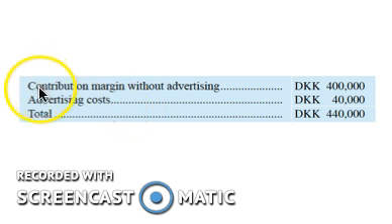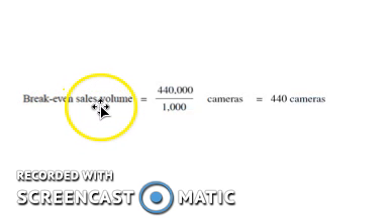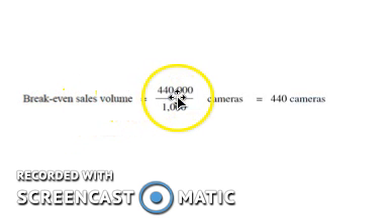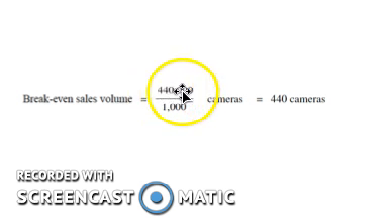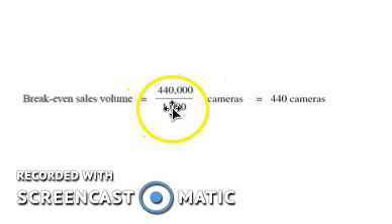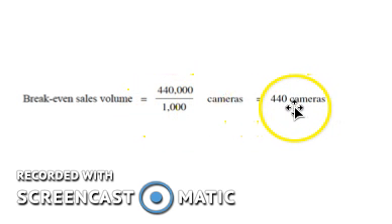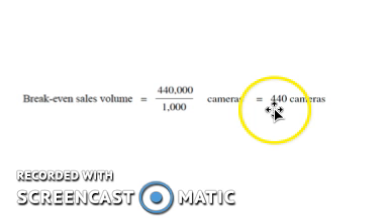So we take the contribution margin demand without advertisement and add the advertisement cost of 40,000. Then we calculate the break-even sales volume where, instead of 400,000 divided by 800, we now have 440,000 divided by 800, which gives the result of 440 cameras.